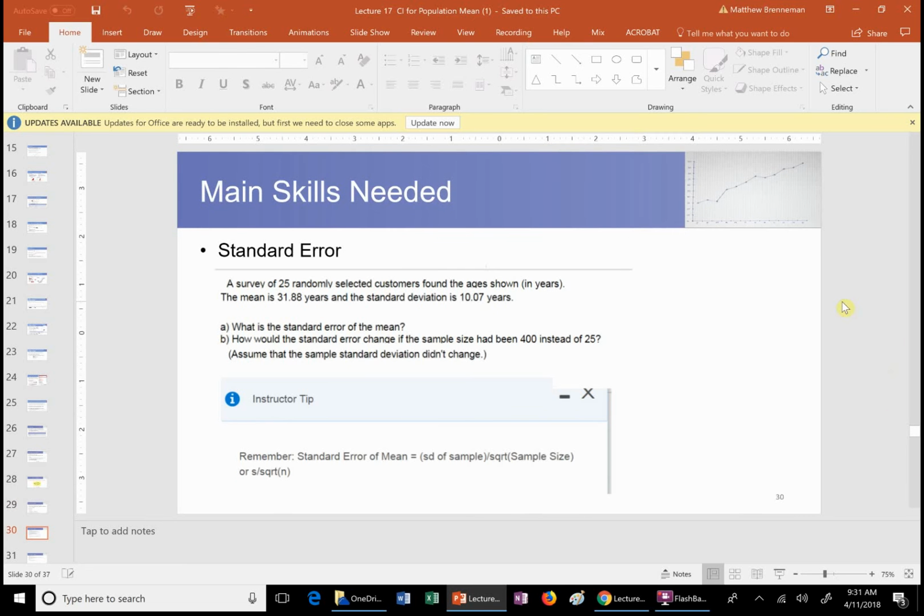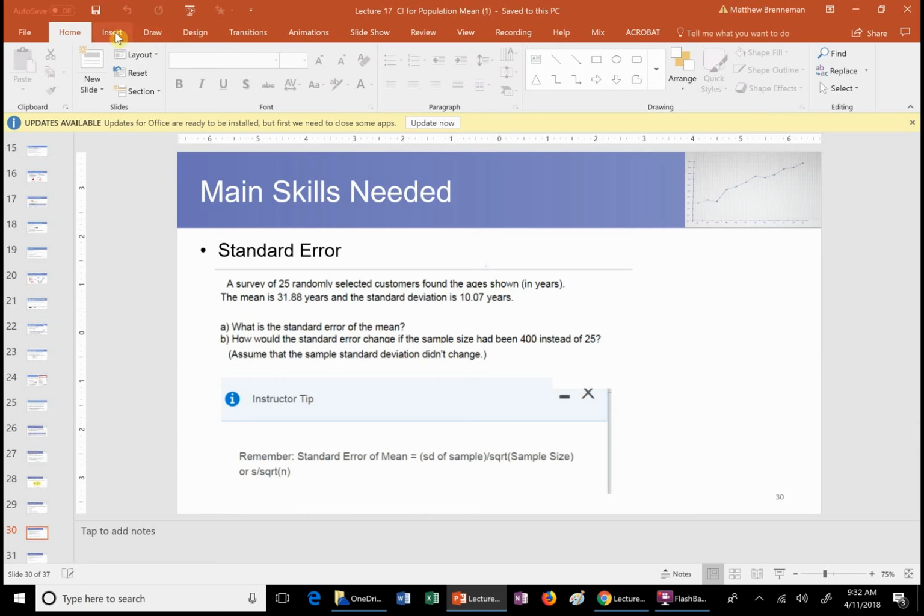Okay, so if we look at the first problem, it says a survey of randomly selected customers found the ages in years. So in other words, they took a random survey of 25 people and they asked them their age. The mean was 31.88. The standard deviation is 10.7. And we want to know the standard error for the mean.